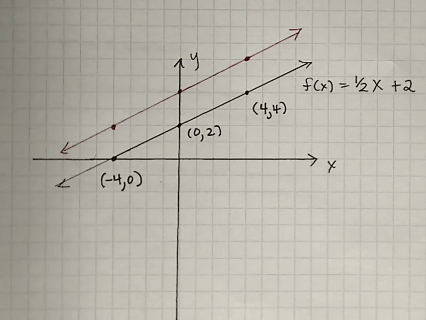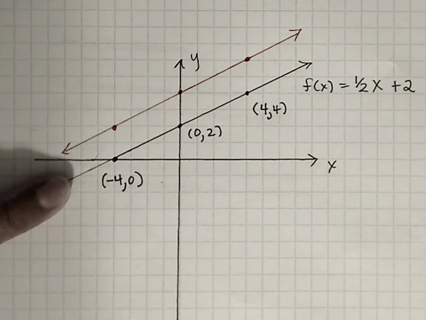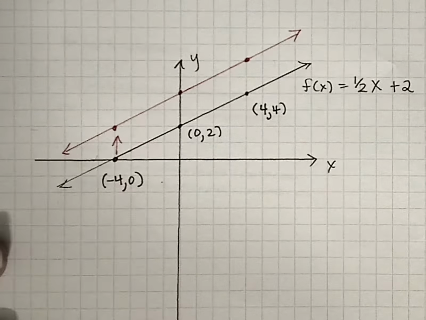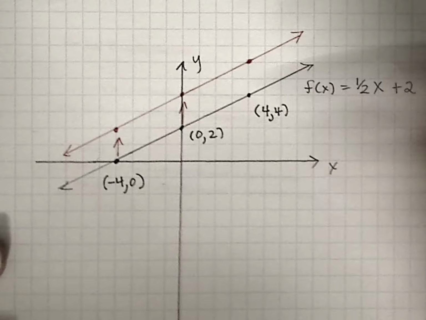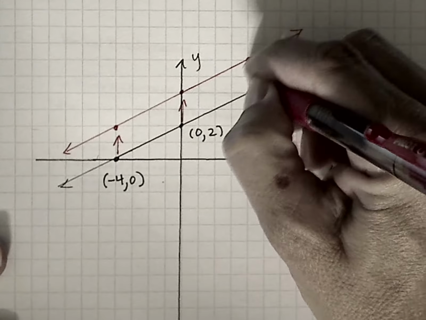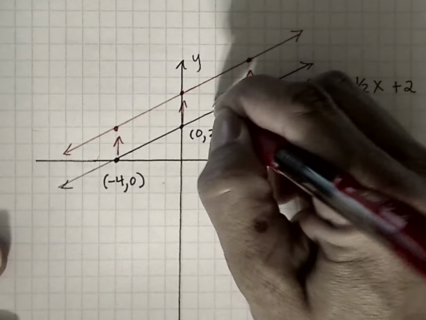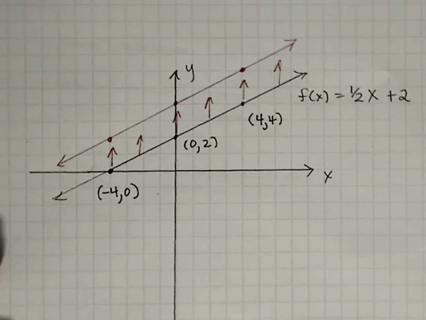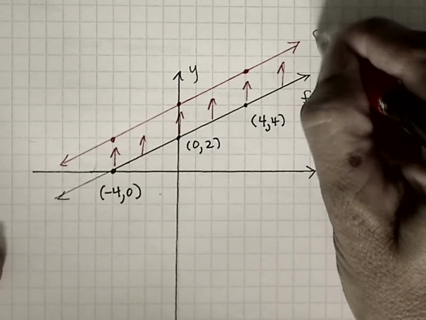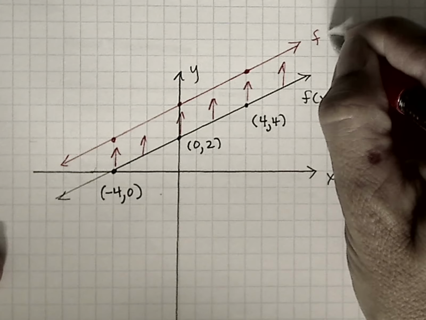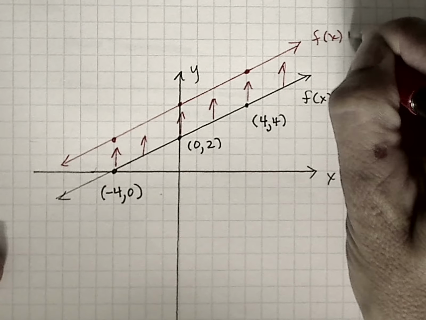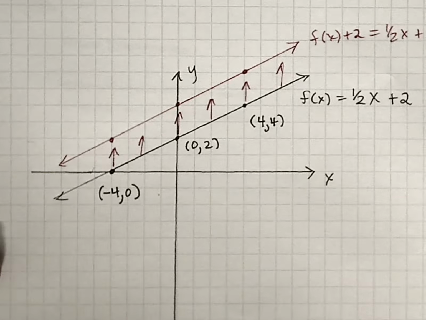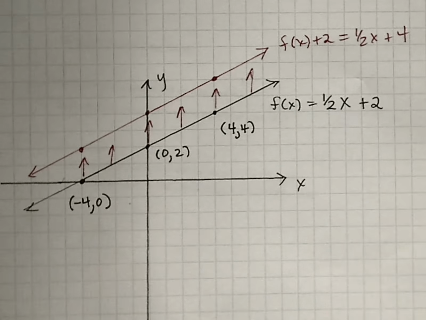And we see that this new line is exactly our old line, except shifted up by 2. Notice that this point went up by 2, this point went up by 2, and this point went up by 2. And actually, they're all going up by 2. So let's label this function. This is f of x plus 2, which equals 1/2 x plus 4. That's our new line.